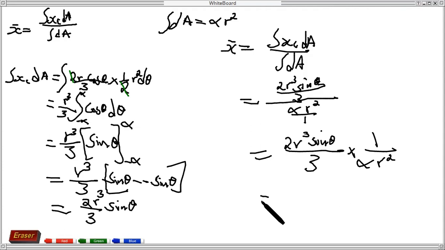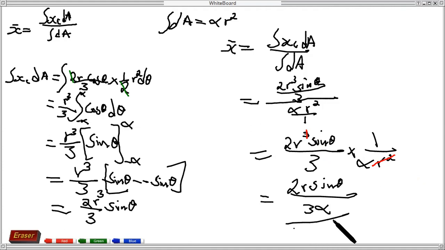Then you can manipulate this. The r squared can cancel with these two here, so you are only left with r up here. Then at the top, you'll be left with 2r sin of that angle over 3 alpha.